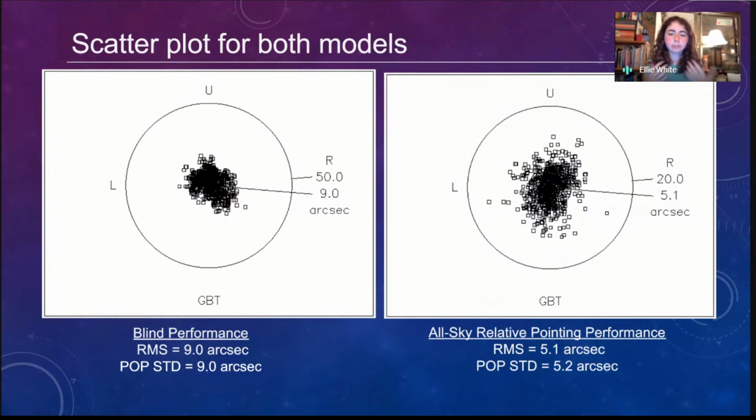That's more representative of how an actual session would go. You would be more likely to do a calibration close to your target source and within a very close time period. So that's a really promising result, as are all of these.